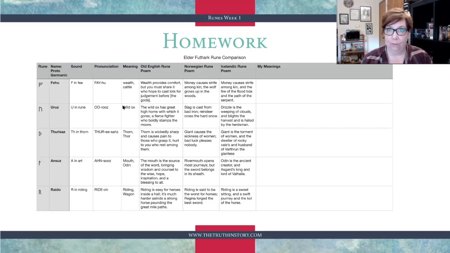If you have a set of runes, and we're going to talk about that in a second because a couple people asked questions, take that rune out. Even if you have a card deck. Now I say I don't use card decks, and I don't, but it doesn't mean you can't have one.